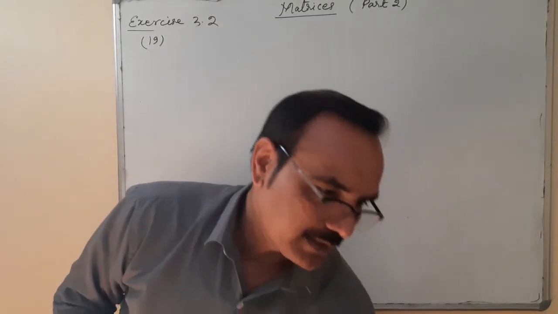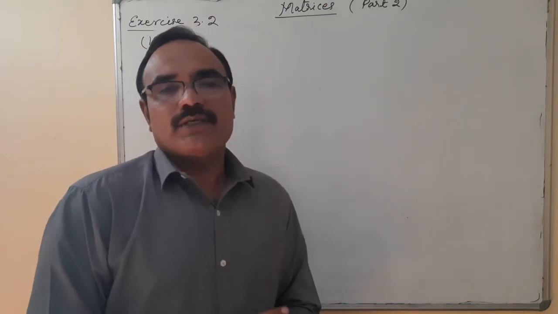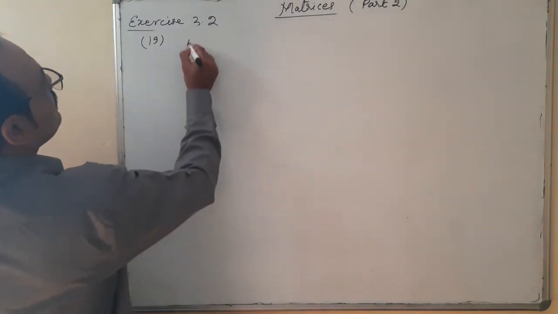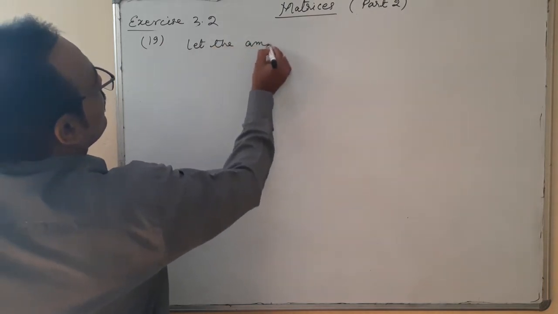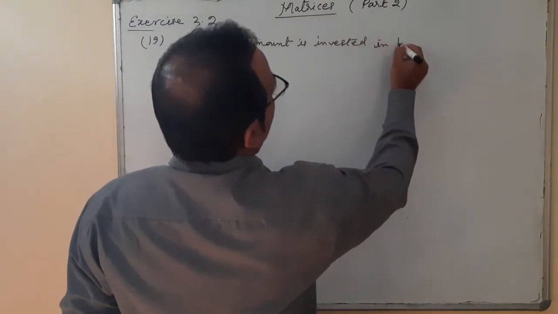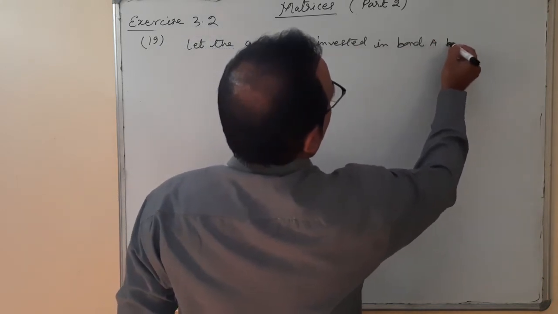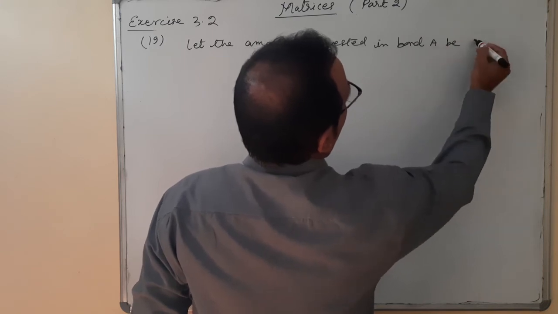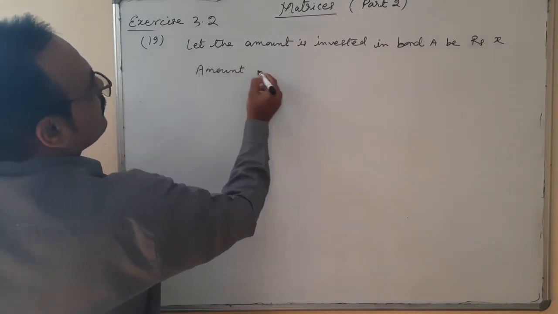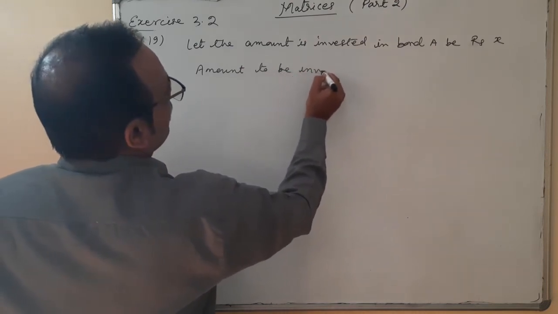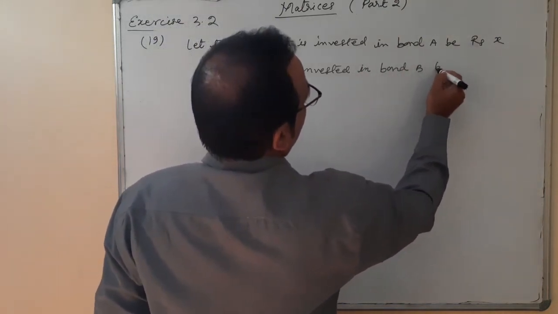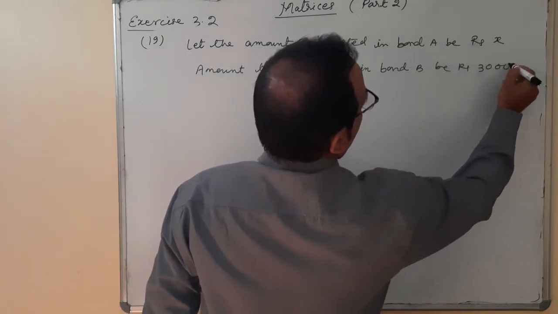So let me consider, let the amount invested in bond A be rupees x, and the amount to be invested in bond B be rupees 30,000 minus x.